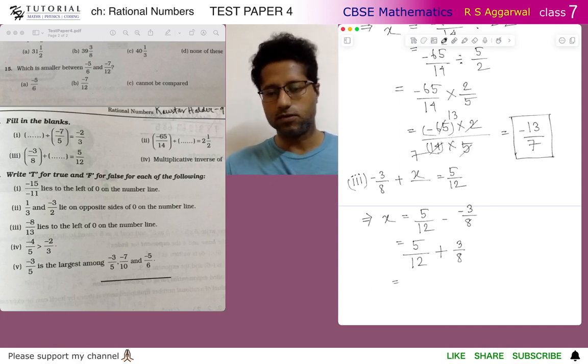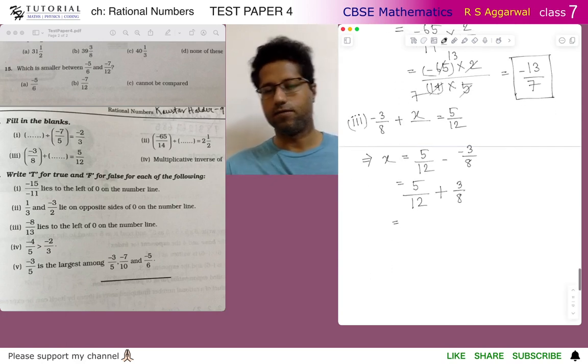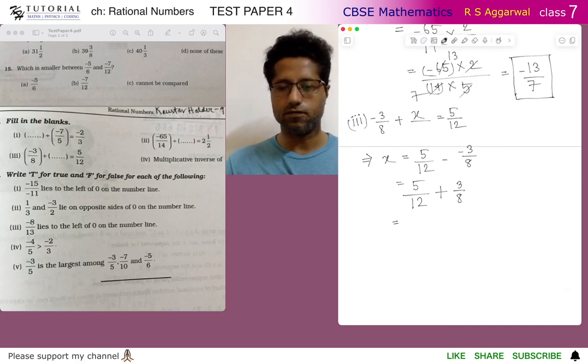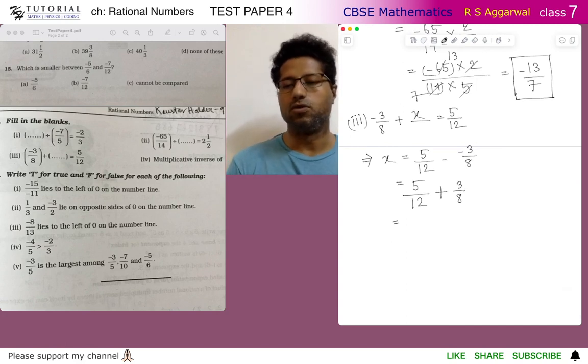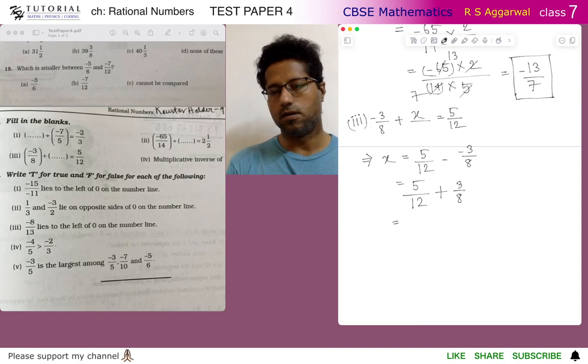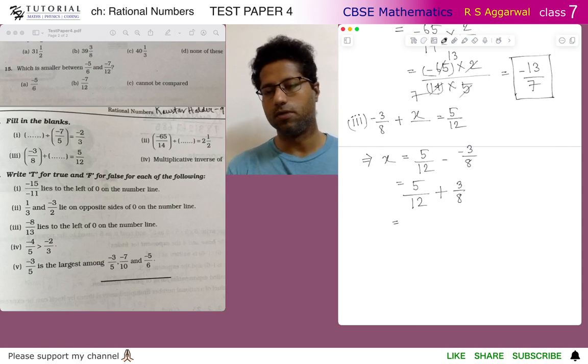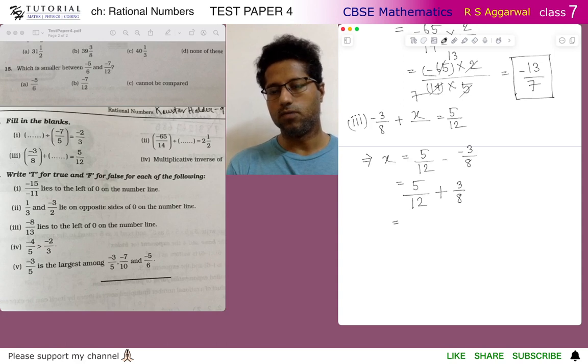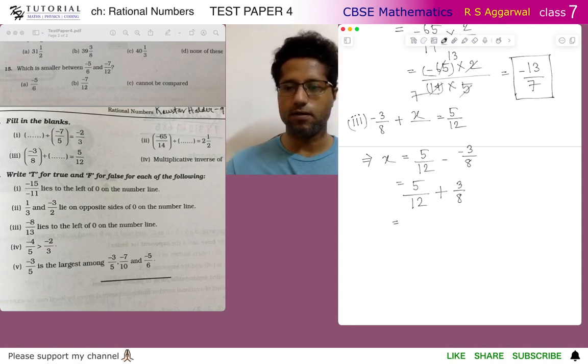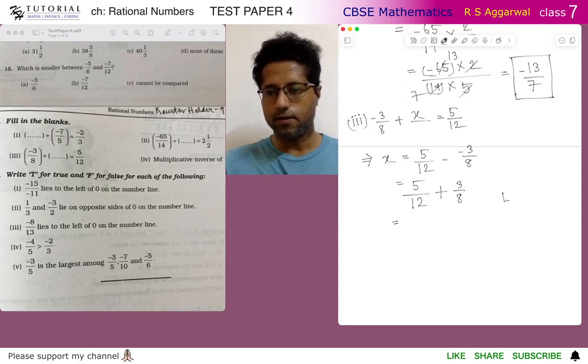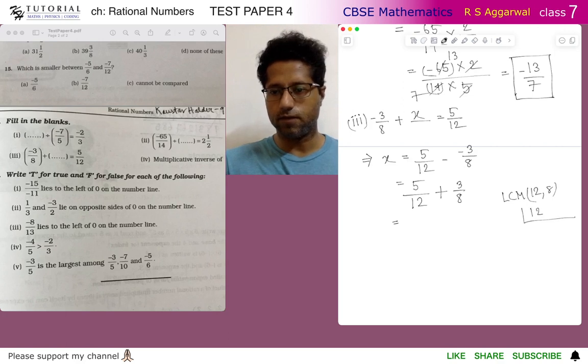So now we have to add these two rational numbers, and they have different denominators. So first we have to convert them to equivalent rational numbers, where they will have a common denominator as the LCM of the two denominators. In this case, we have to find the LCM of 12 and 8. Now let's quickly find the LCM of 12 and 8.